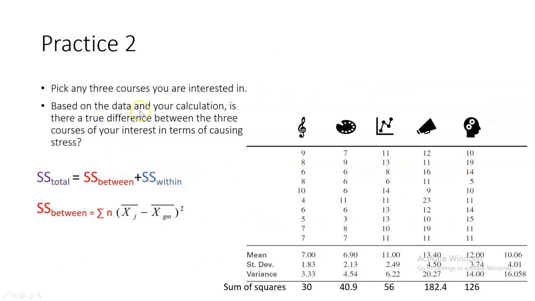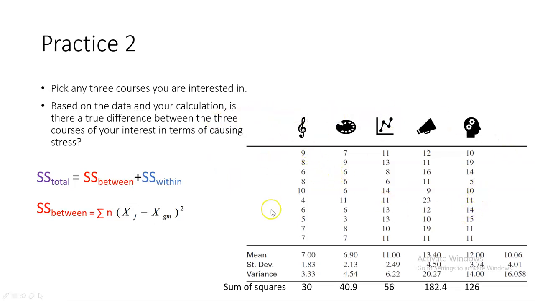Okay, here is our practice 2. In practice 1, I asked you to exercise the logic of this ANOVA test, and practice 2 is to go through the calculations of ANOVA. So here again, pick any 3 courses of your interest and answer the question: is there a true difference between these 3 courses you picked in terms of causing people stress?